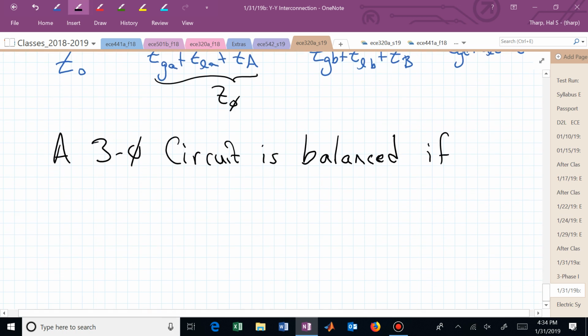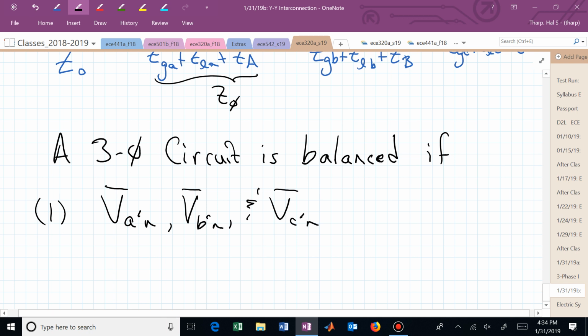If 1, V sub A prime N, V sub B prime N, and V sub C prime N, as long as those three voltages form a set of balanced three-phase voltages.